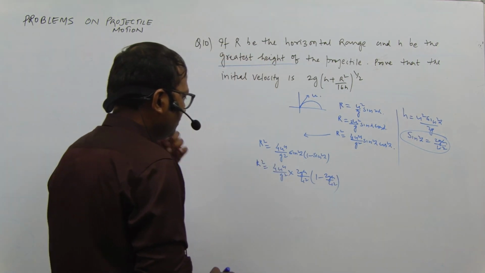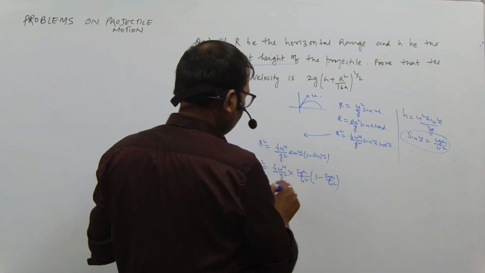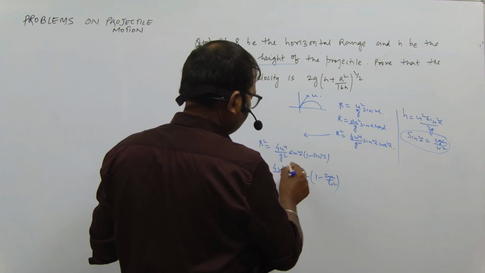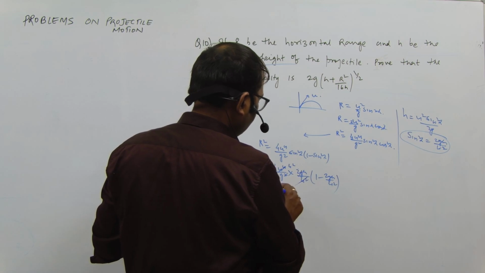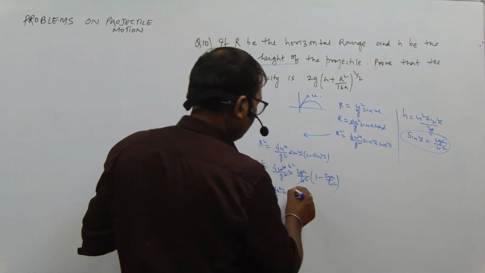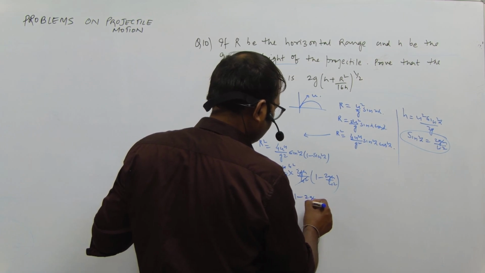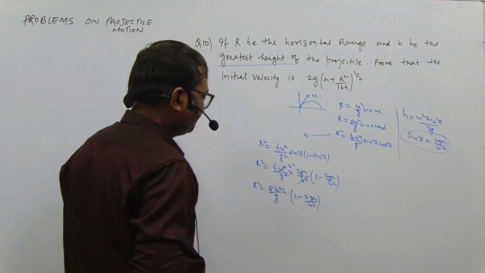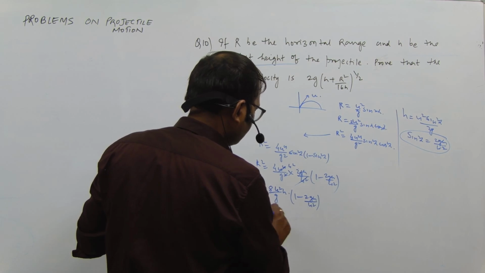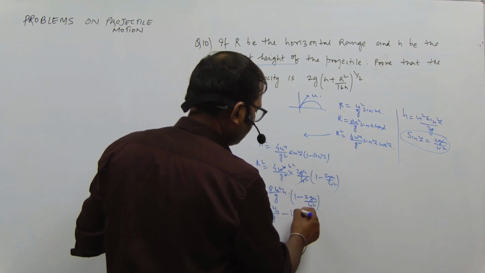So R square is equal to, 4 into 2 is 8 and g gets cancelled, so 8u square h upon g into 1 minus 2gh upon u square. So R square is equal to 8u square h upon g minus 16, g gets cancelled, u square gets cancelled, 16h square.